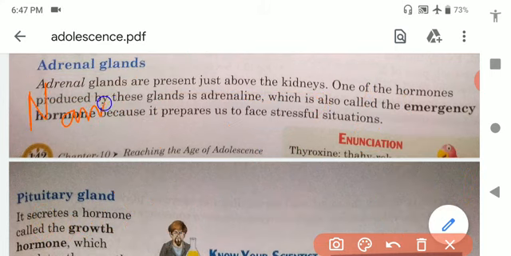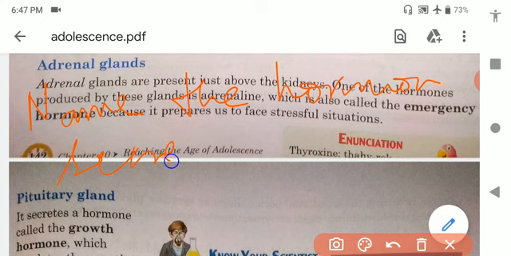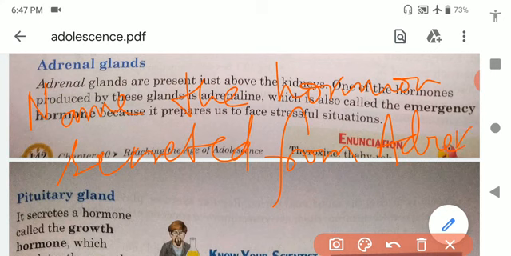Name the hormone secreted from the adrenal gland. So which hormone is secreted from the adrenal gland? Adrenaline.